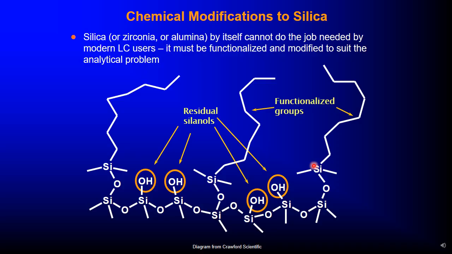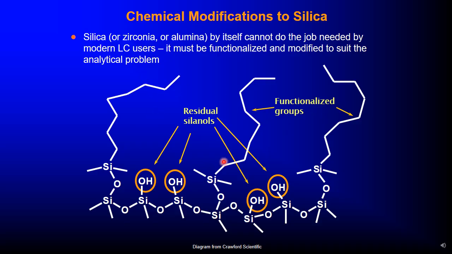Silica by itself cannot do the job needed by modern liquid chromatography users. It must be functionalized and modified to suit the analytical problem. That's what we are hearing about: C4, C8, and C18. You can see that this is a C8.